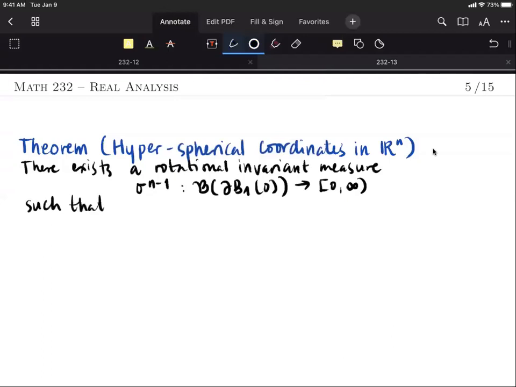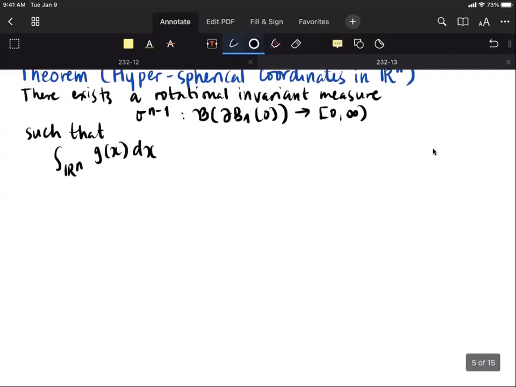such that the integral over R^n of some function g of x dx. So here g is either non-negative or Lebesgue integrable.